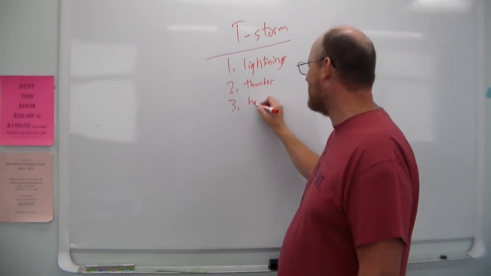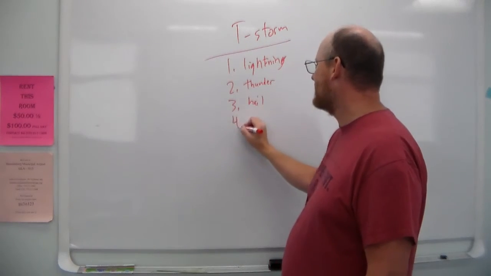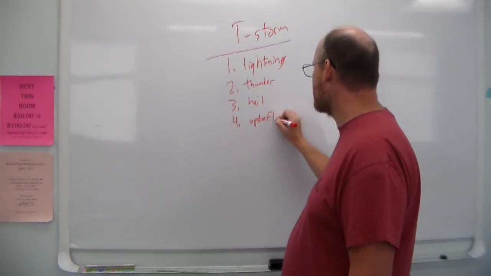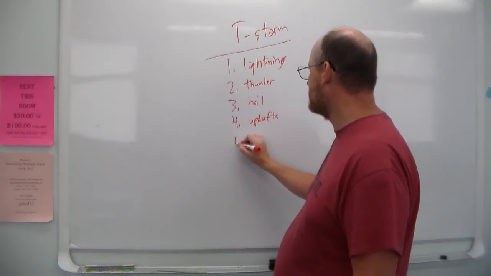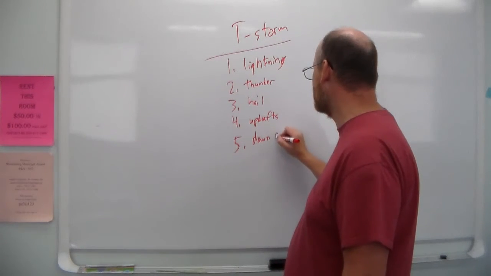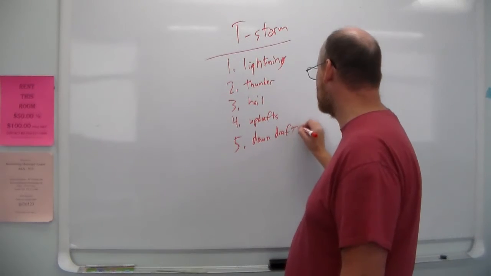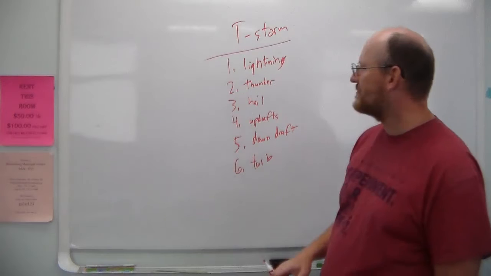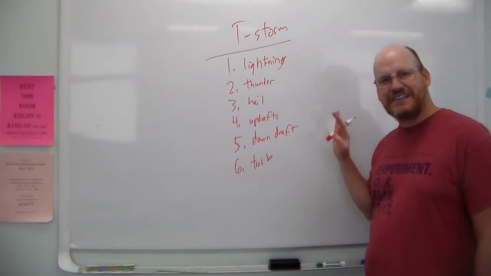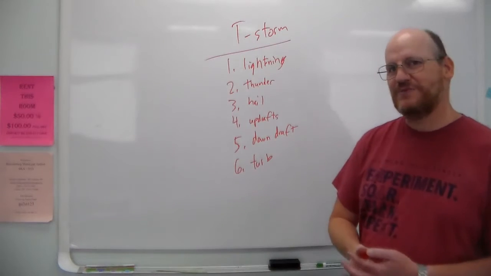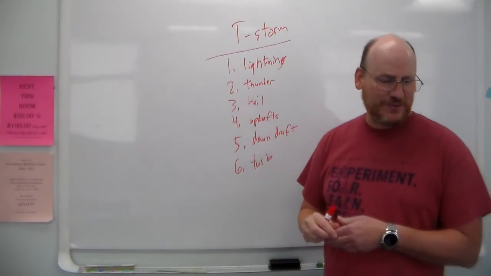Can also have hail. Can have updrafts, downdrafts, turbulence. There's a lot not to like if you're a pilot about a thunderstorm. I mean, it might be fun to watch from the ground, but not as much fun to watch from the air.